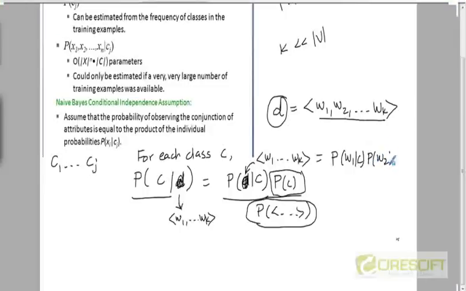That is, the occurrence of these keywords in documents of class C is independent of one another. So these are all independent events.